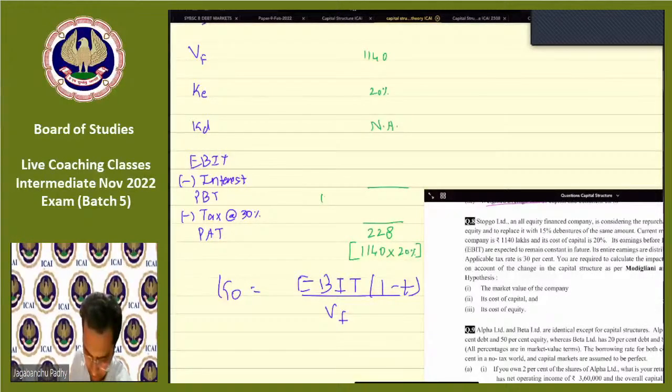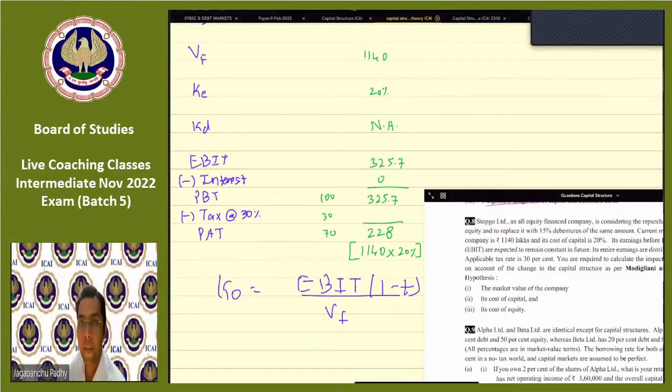So if that's 228, then you do the reverse calculation. If the PBT is 100, this will be 30 and this will be 70. By simple cross multiplication, you'll get the PBT figure, which is 325.7. No interest, so EBIT is also going to be 325.7.